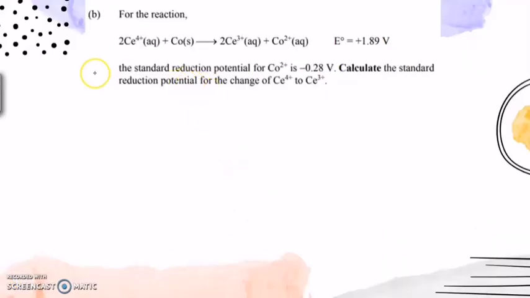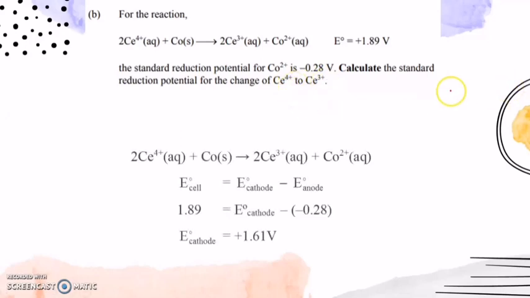Next question, for the reaction 2Ce4+ + Co produces 2Ce3+ + Co2+, the standard reduction potential for Co2+ is negative 0.28 volt. Calculate the standard reduction potential for the change of Ce4+ to Ce3+.